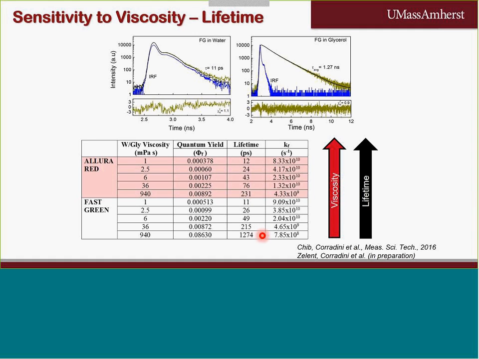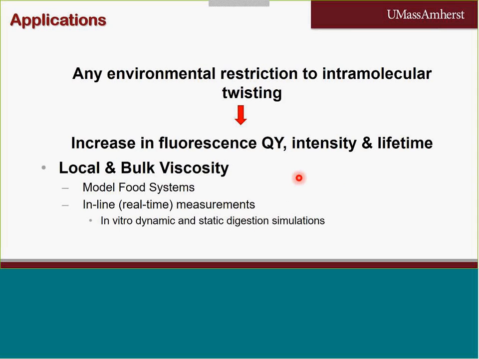So basically, we can conclude that most of the probes that we speculated behave as molecular rotors and could be used to sense physical properties of food were actually molecular rotors, and that any environmental restriction to intramolecular twisting results in an increase in fluorescence quantum yield, intensity, and also lifetime.